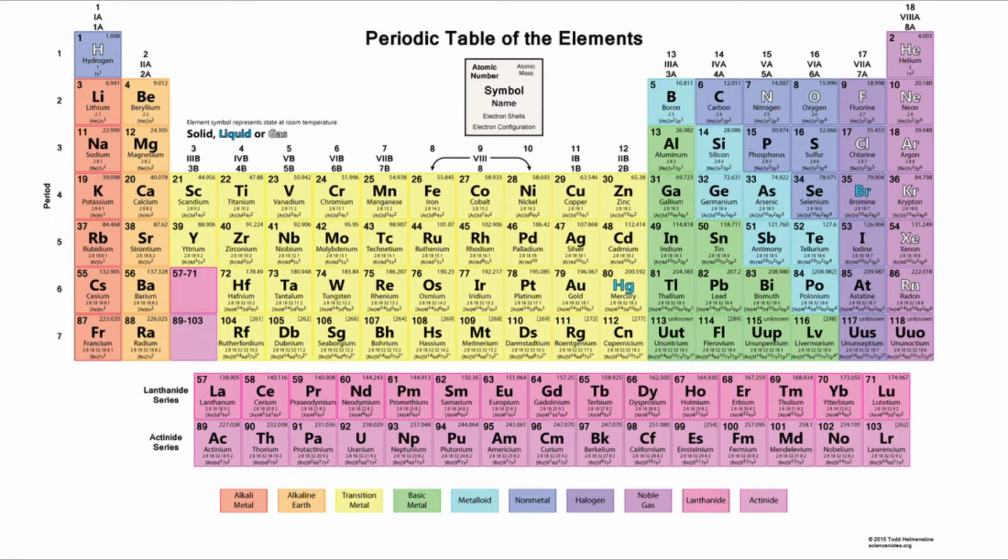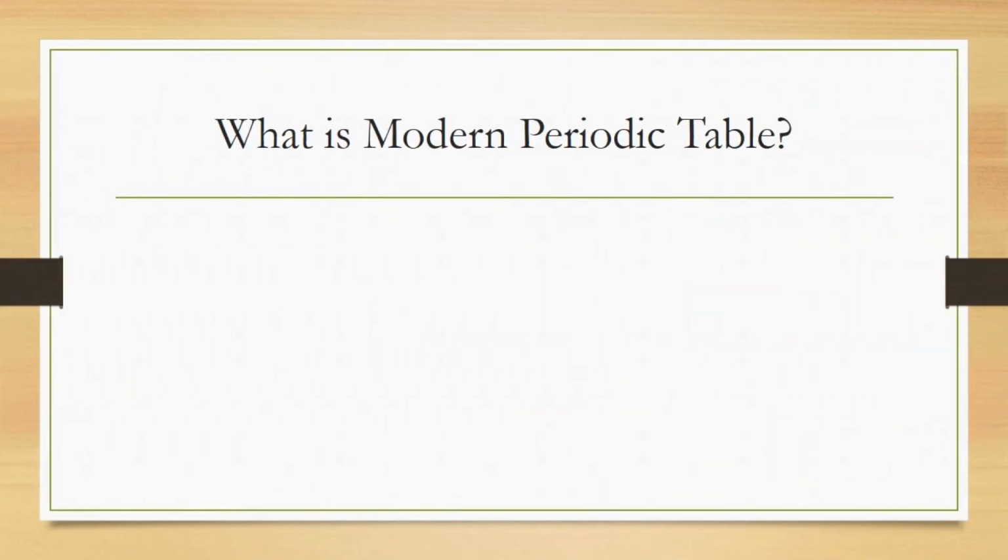Okay children, this periodic table includes 118 elements that have been discovered so far. We know that the elements in the periodic table are arranged in increasing atomic number. Now, what is the modern periodic table?